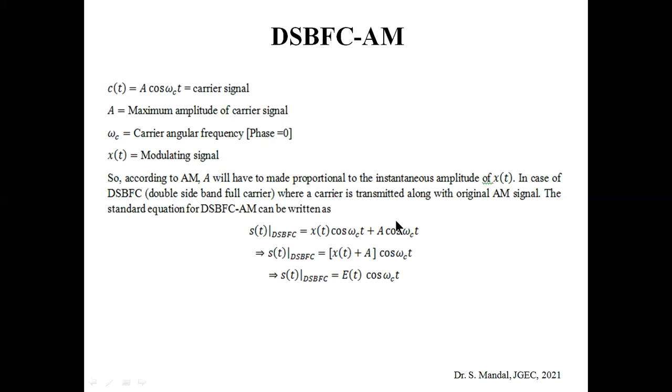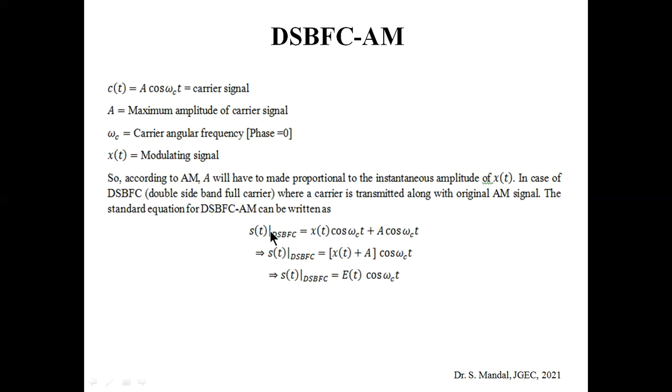You can see that A cos ω_c t is the separate carrier signal, whereas x(t) cos ω_c t actually denotes the modulated wave. Okay, so x(t) cos ω_c t is the modulated part, because the amplitude of this modulated wave is x(t). That means the amplitude varies according to, or proportional to, x(t). But as we use the term full carrier, apart from this modulated wave, we are sending or transmitting another carrier part.